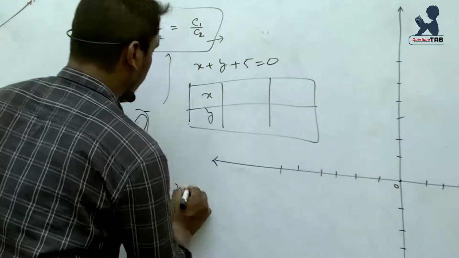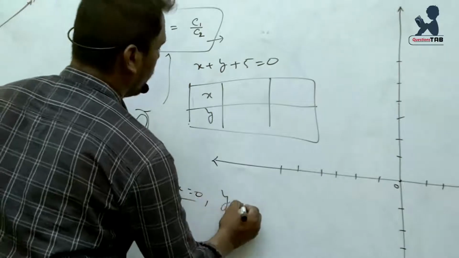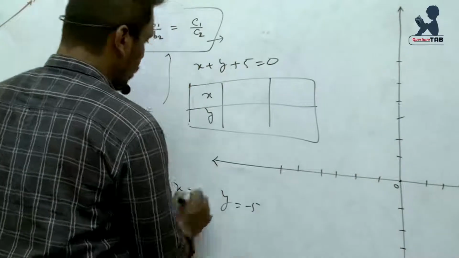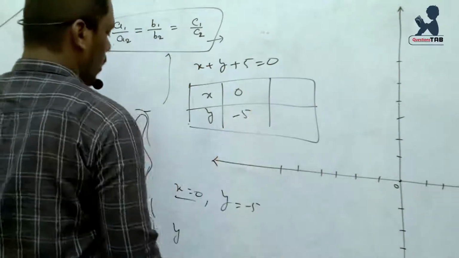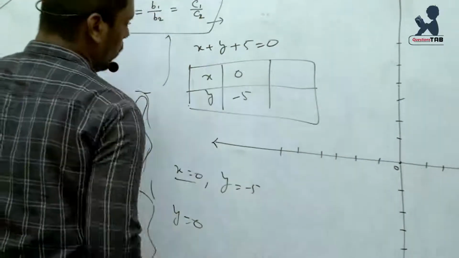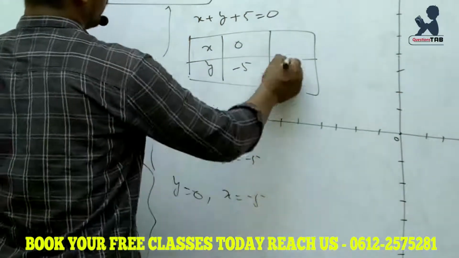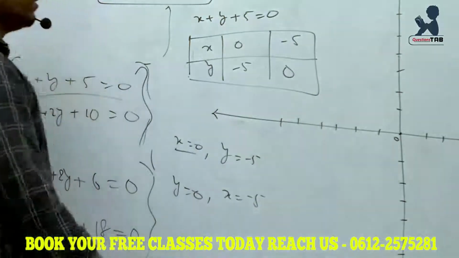So for x equals 0, y is minus 5, okay, and then y equals 0, you get x equals minus 5.